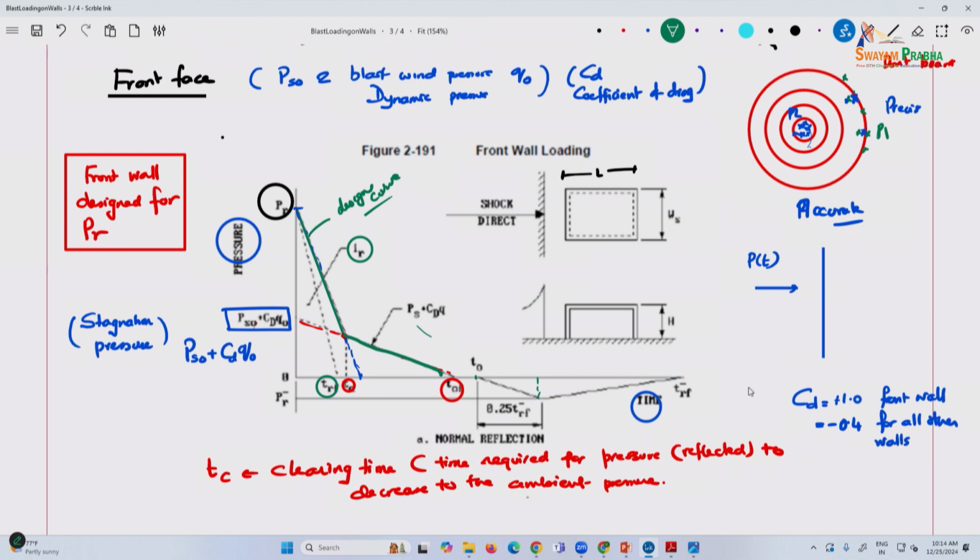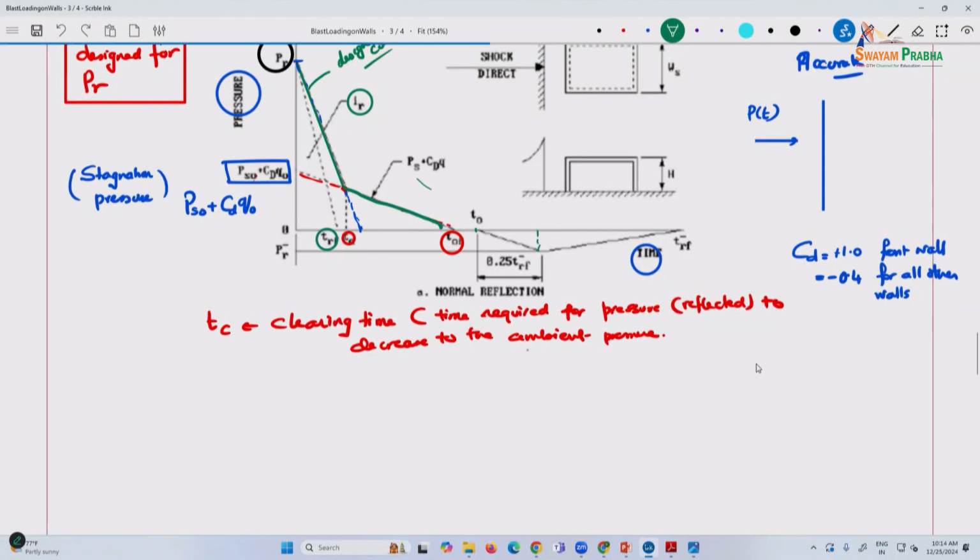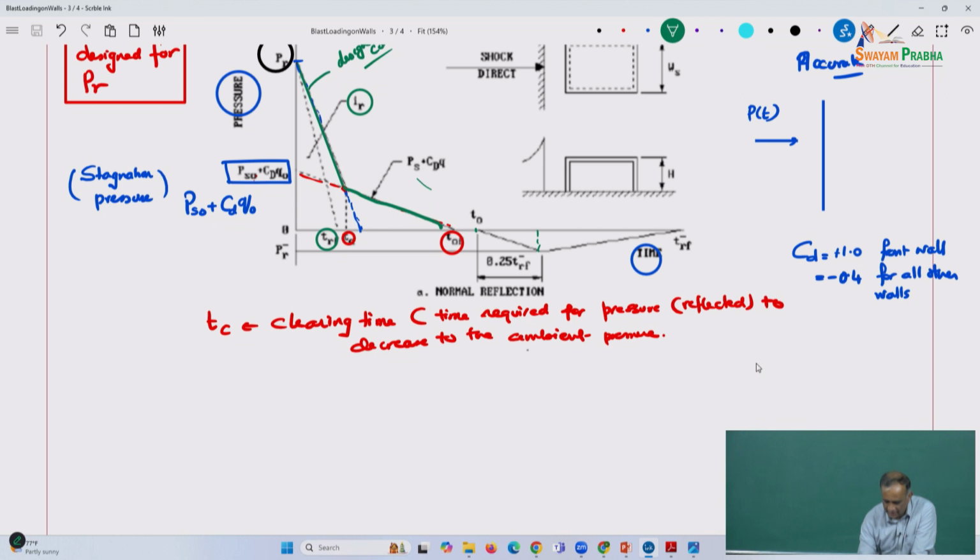Any questions on this part? That's the front wall loading, and we'll definitely go through an example. The clearing time Tc is given as follows; these are for explosions. Petrochemical facilities we'll talk about later.